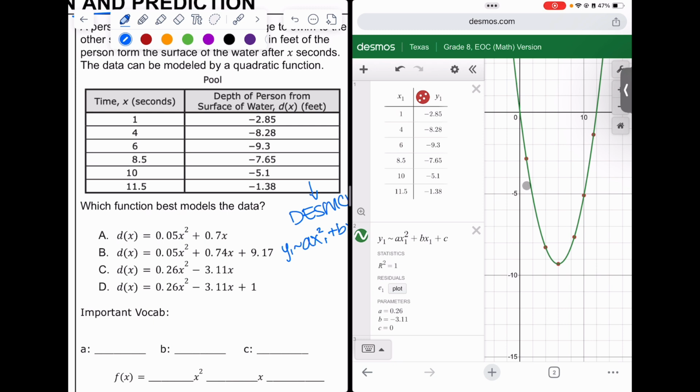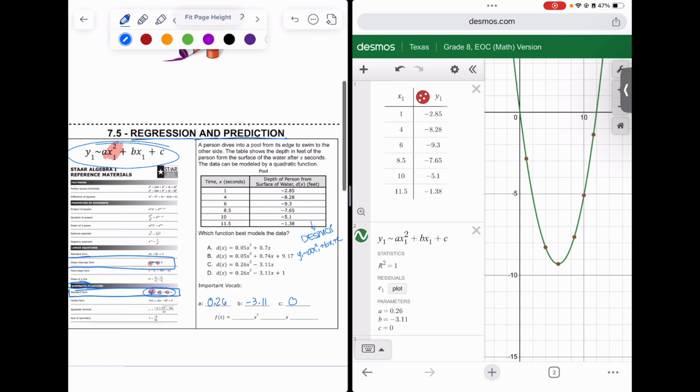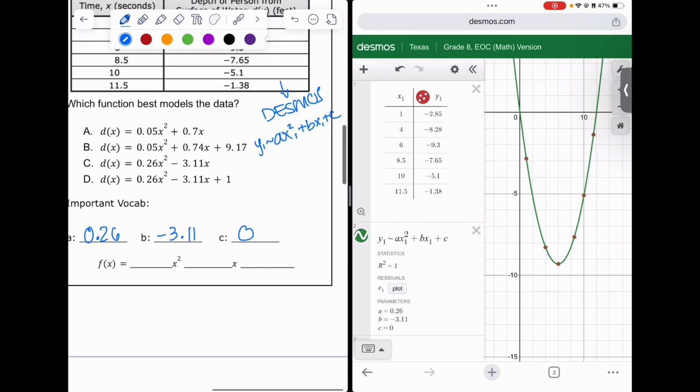And this is yes. So here, it gives me A, B, and C. I have A equals 0.26, B equals negative 3.11, and C equals 0. My formula will tell me how to do this.